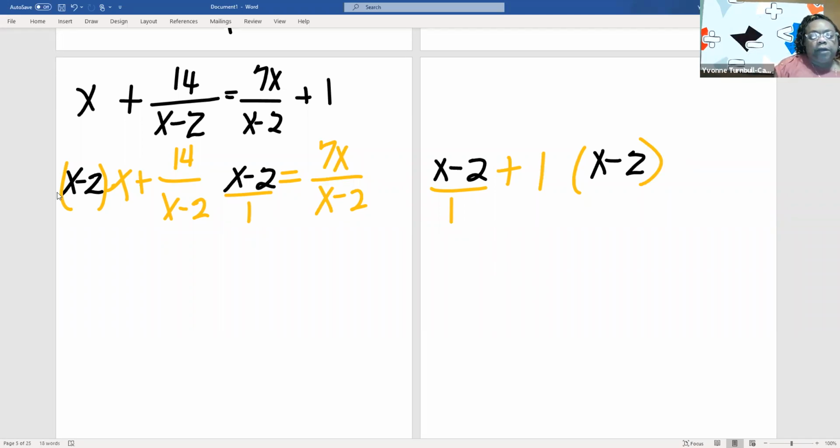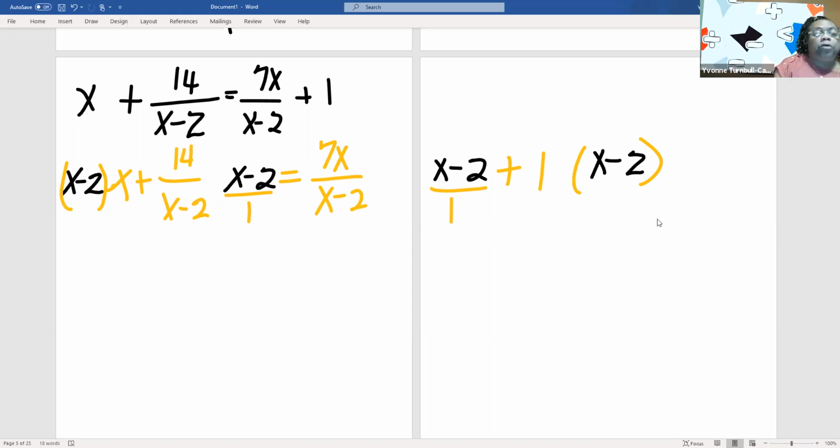So here is our LCD, because there are 4 terms. Here's my original problem in yellow, x right here. 14 over x minus 2 is right here. 7x over x minus 2 is right here. And we have our 1. So our original problem is in yellow, our LCD is in black.